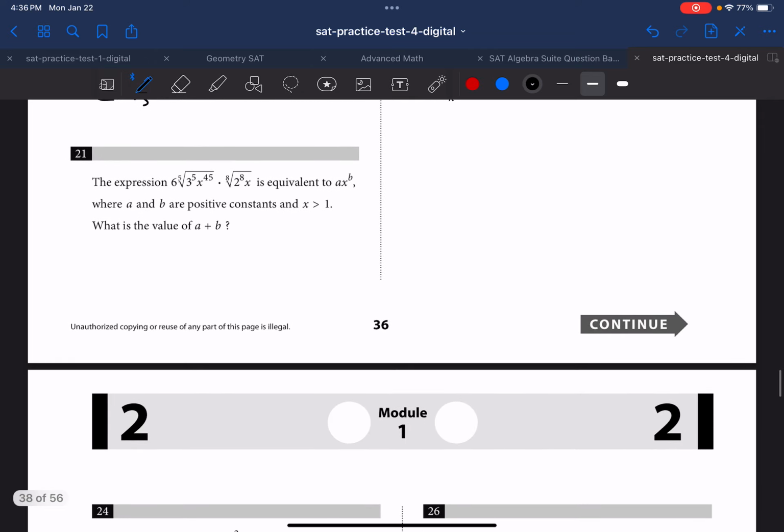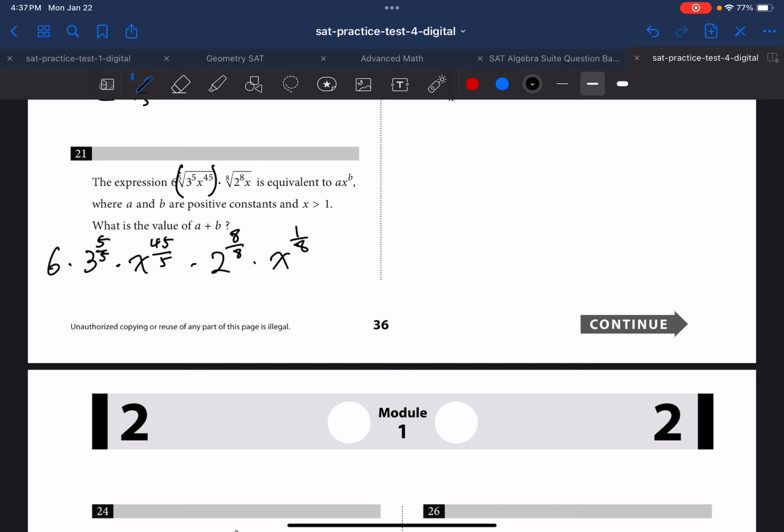Question number 21. The expression is equivalent to a x to the power of b. So let's simplify this. I'm guessing this is like a 1. This 5 is outside of the root here. So 6 times the rule is something like this, multiplied by x to the power of 8 over 8 times x to the power of 1 over 8.